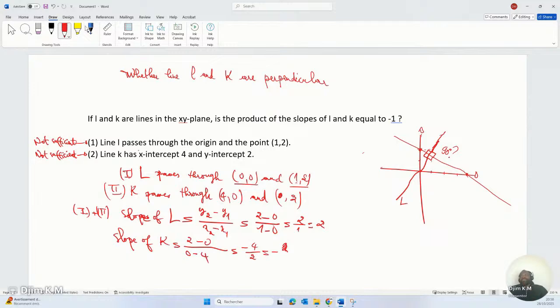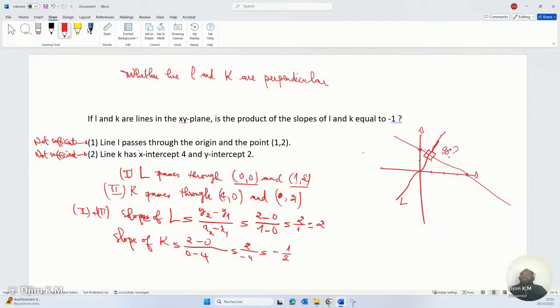Okay, so this will give 2 over minus 4, minus 1 over 2.